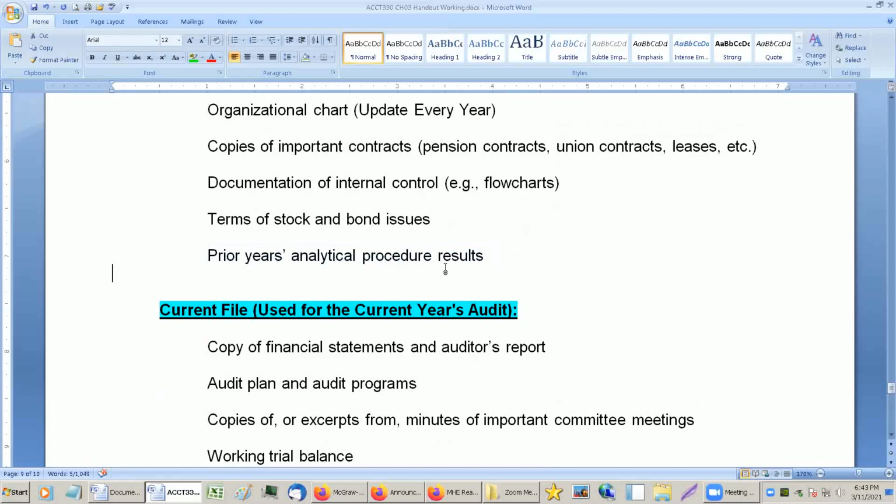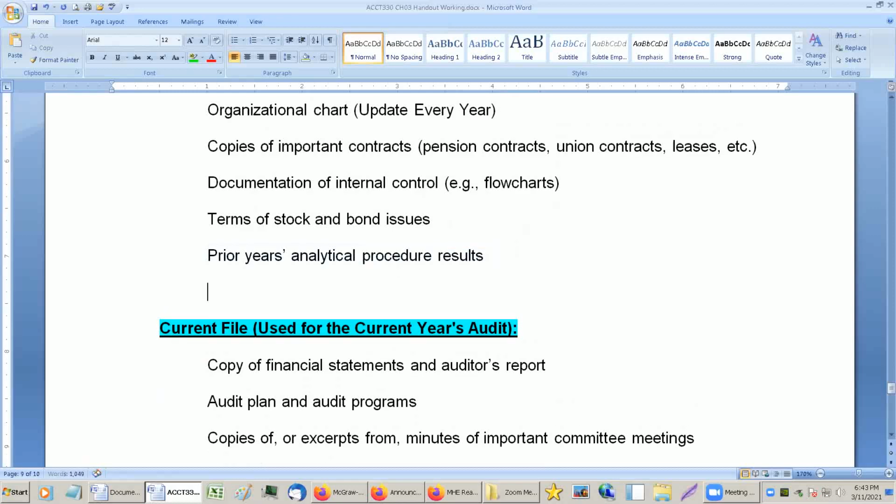One thing that you sometimes will have in there that they don't list in the book is the prior year's balance sheet, because a lot of times, the end of one year becomes the beginning of the next.